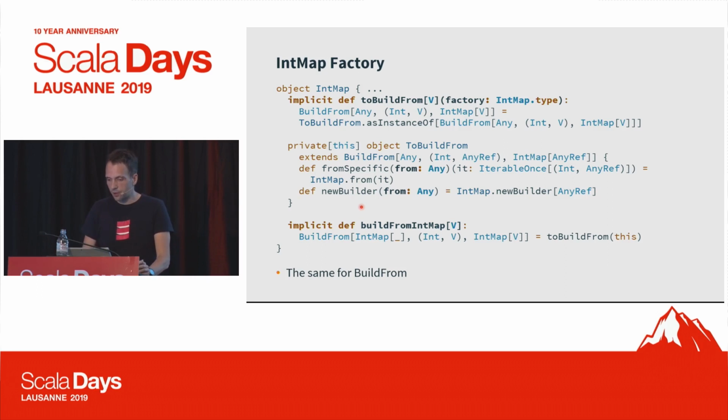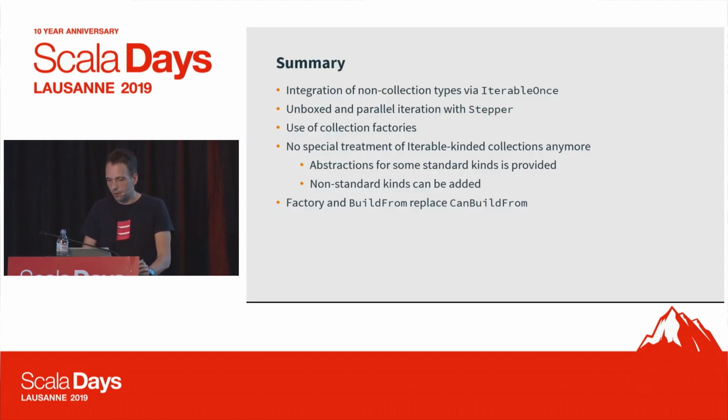Okay, we're getting to the end. So let's sum up what we hopefully learned, or what I tried to show you at least. The first thing is that the integration of non-collection types can be done via IterableOnce. IterableOnce connects the sequential collections from the standard library and the parallel collections, and also Java 8 streams for both sequential and parallel iteration.